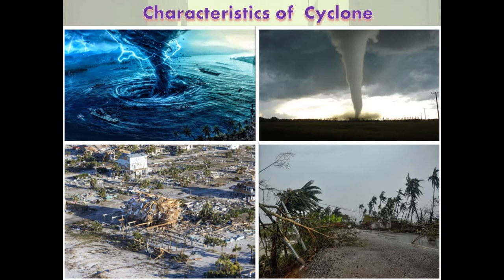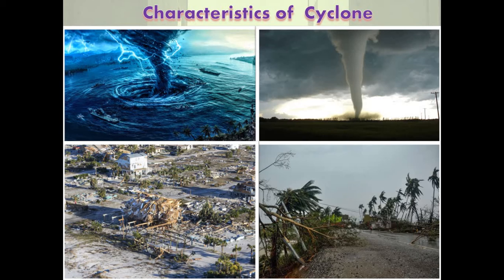While tornado, okay, tornado starts from the land and dry conditions are created. Its wind speed is 480 km per hour. Biggest size of the tornado is 4 km wide. Average size of tornado is generally 1 km wide. Tornado's life is only 1 to 2 hours or minutes, while cyclone is 2 to 3 weeks.